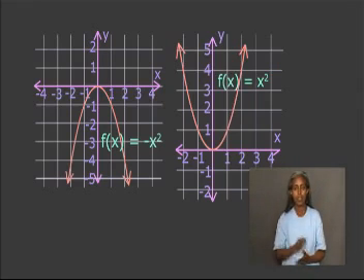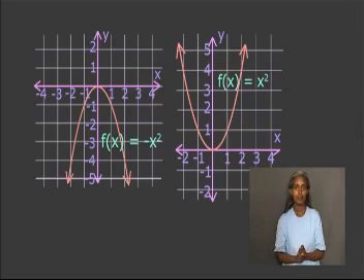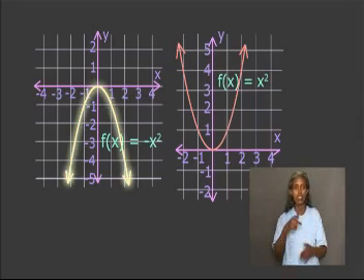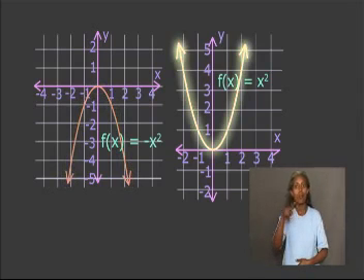The graph of the parabola is opened either upward or downward, depending on the sign of the coefficient of x squared. That is to say, if a is a negative value, the parabola will open downwards. If a is a positive value, the parabola will open upwards.